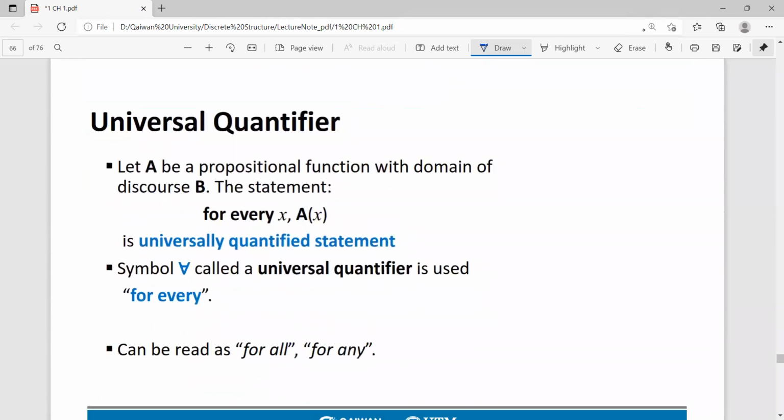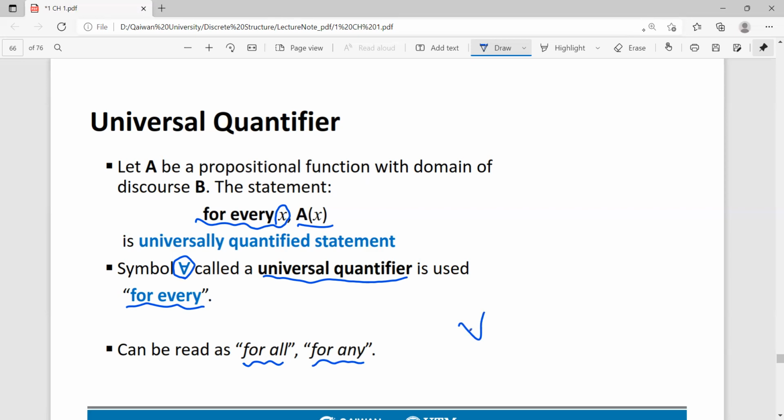For the universal quantifier, we say for every x in the domain, the statement must be true. The statement must be true for all elements in the domain. We use this symbol for the universal quantifier, and it means for every, and it reads as for all or for any.